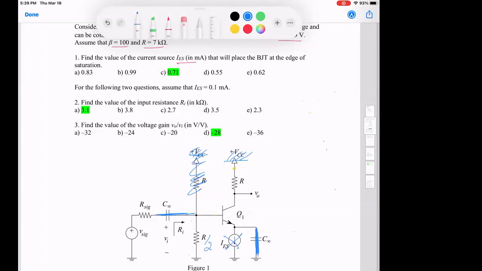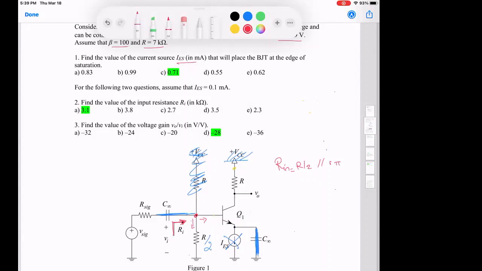And so he's asking me, what is the input resistance for this circuit? It is the parallel combination with R pi of the transistor.